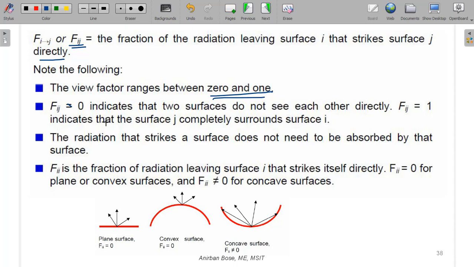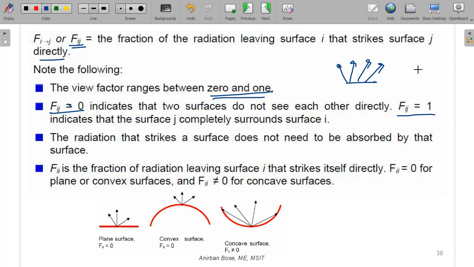It's a fraction. Clear? Now F_ij equal to 0 indicates that the two surfaces do not see each other. If F_ij is 0, that means the energy coming out from a particular surface is not going to strike the other surface. And F_ij equal to 1 means whatever radiation is coming out from one surface will definitely strike the other surface.